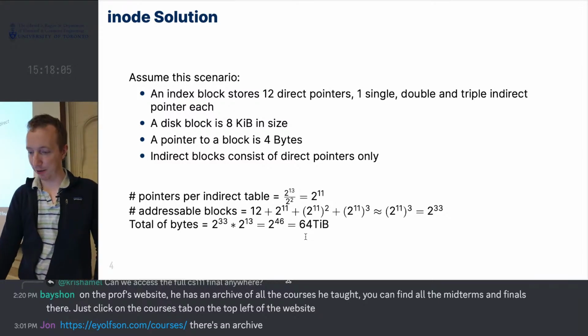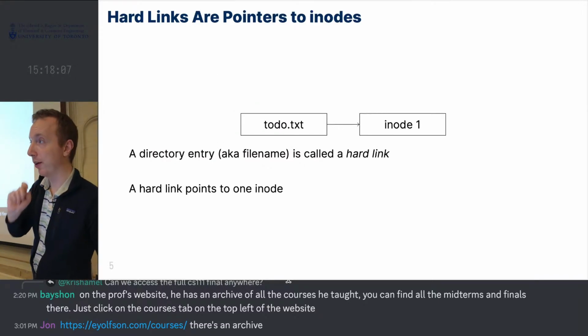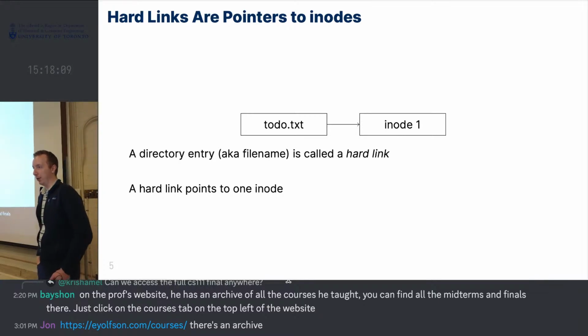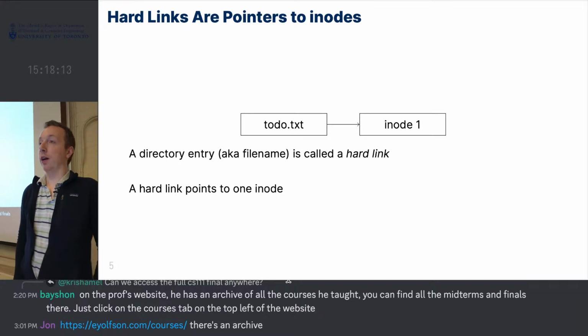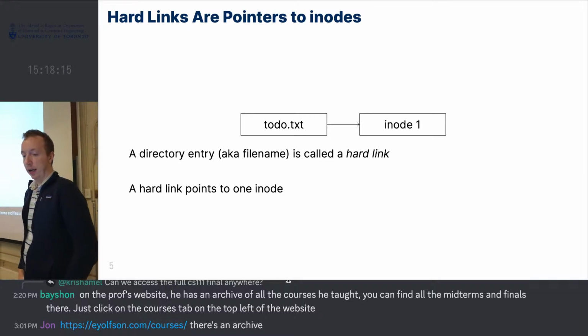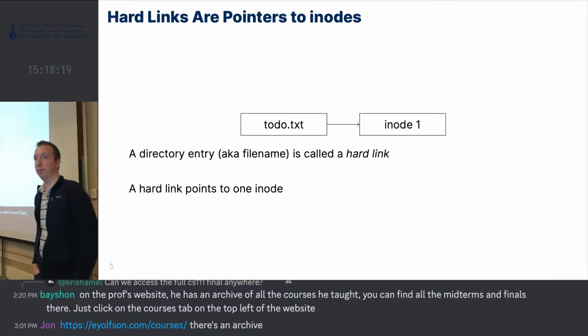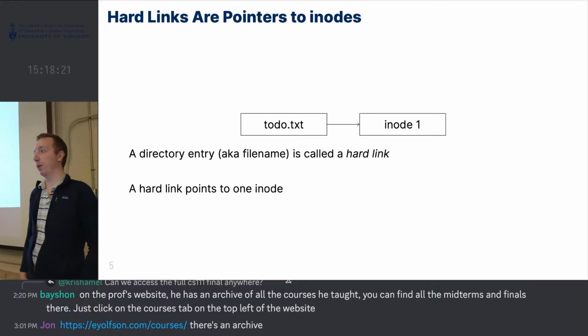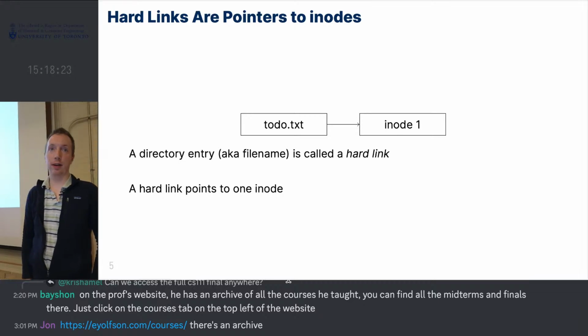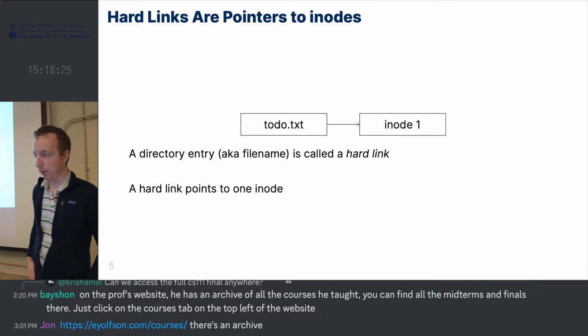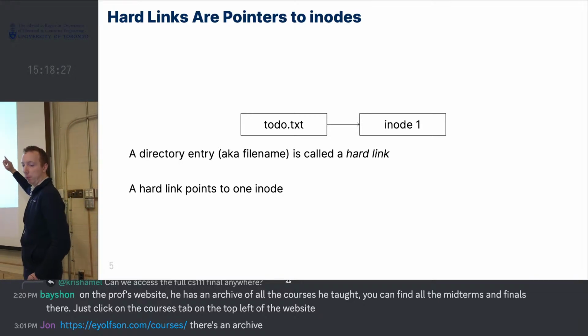All right, so now the fun part. So, now we get to figure out what directories actually are and what names actually are. So, there are hard links, and they are just pointers to inodes, and this is how you have been interacting with inodes for your entire life. You've never seen an inode before, but you've been using them because every name in your directory just points to an inode.